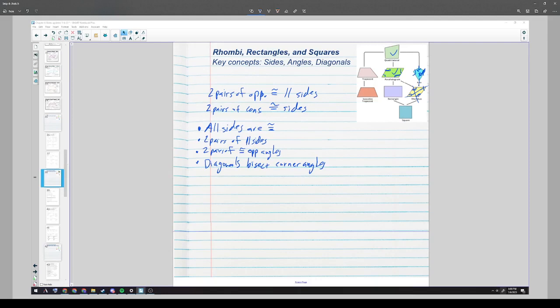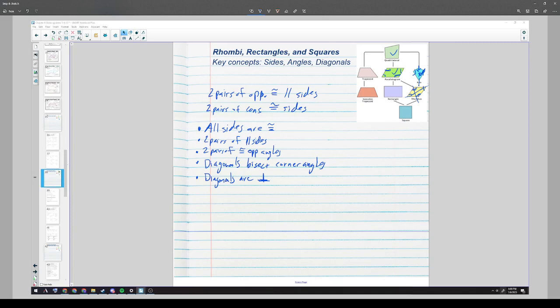We also carry over the kite property that the diagonals are perpendicular. That's one that we'll use quite a bit because we know that we get some right triangles that way. All four of the triangles that we form are going to be four congruent right triangles.